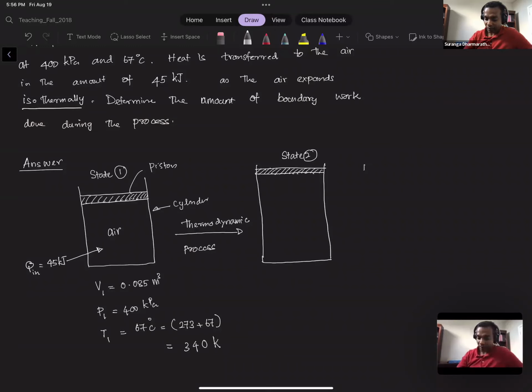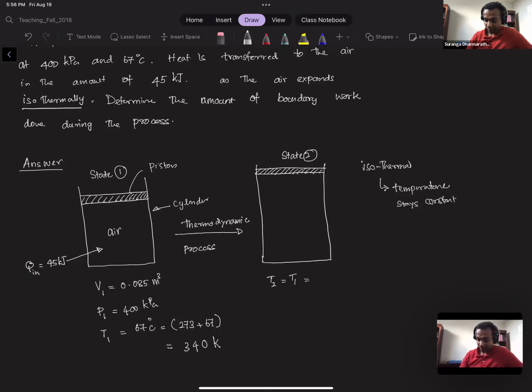Isothermal means during the process, temperature stays constant. So since the process is isothermal, we know that T2 is equal to T1.